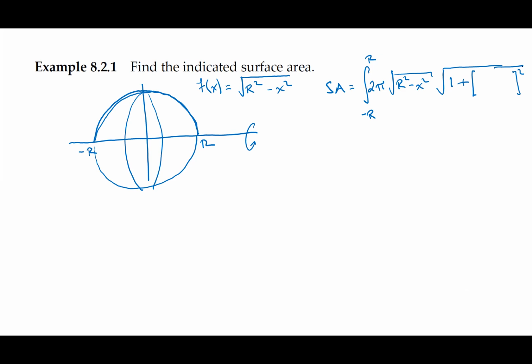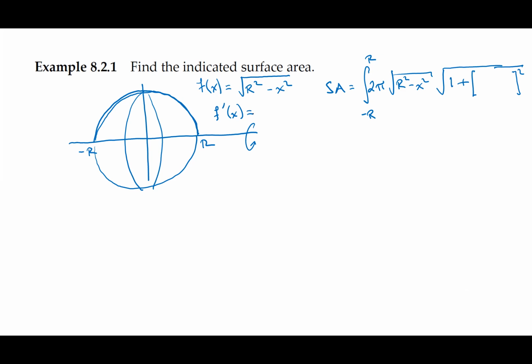So if we go in and find the derivative, f of x is the square root of r squared minus x squared. For f prime of x, chain rule, we'll have a negative 2x as the derivative of what's inside my radical.